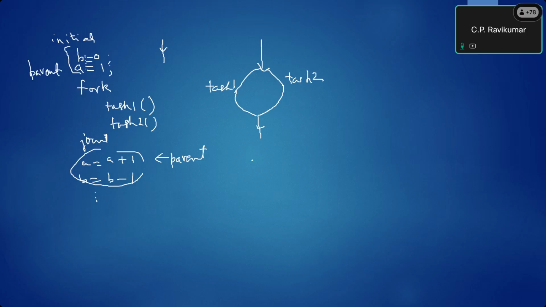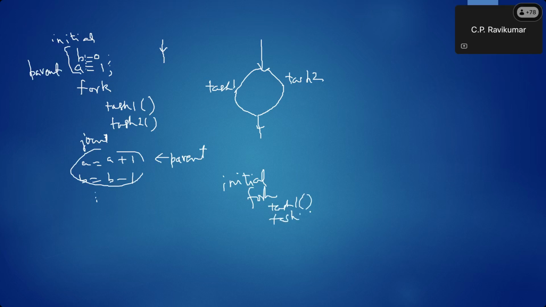The other one says initial, fork, task 1, task 2, and join any. So after doing its initial computation, when the fork occurs, again task 1 and task 2 will be created.